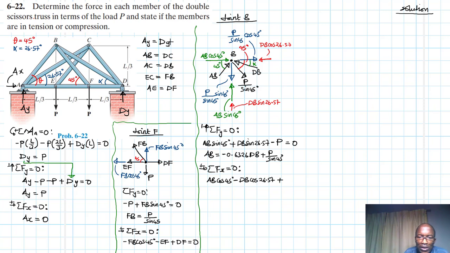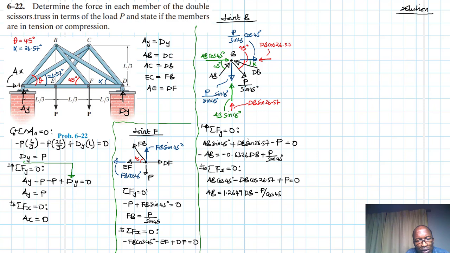So I'll just put a P here. Equal to 0. So AB will be equal to cos 26.57 divided by cos 45, which gives us 1.2649 dB, and then minus P divided by cos 45.